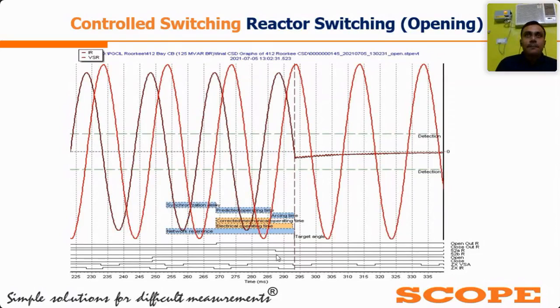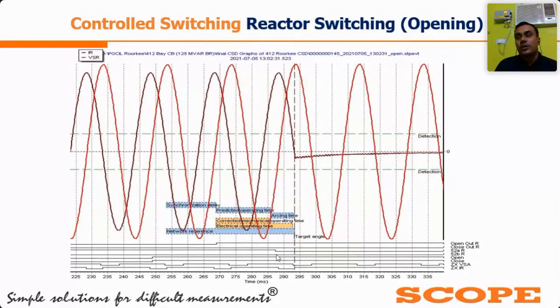Initially, when there was no CSD installed in the circuit, the command was going directly to the breaker from TNC or BCU. But we have broken the circuit and implemented the CSD in series. Now we give the command through TNC or BCU.